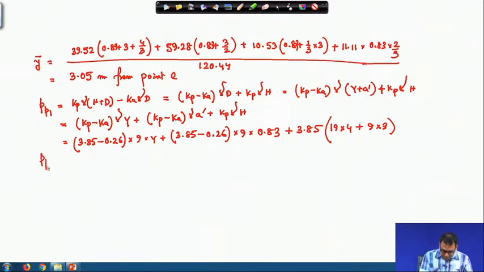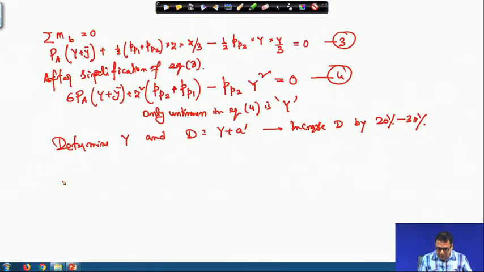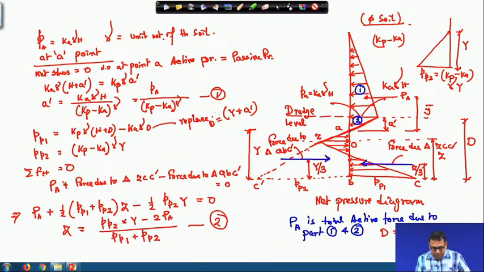So, this is PP1 is equal to 32.31 into capital Y plus 423.4, because only unknown is capital Y in this equation. Similarly, I can write PP2 which is equal to PP2 expression. You can see that my PP2 expression is Kp minus Ka into gamma into y.